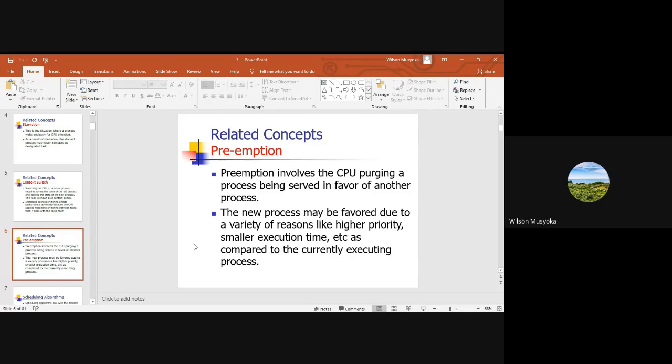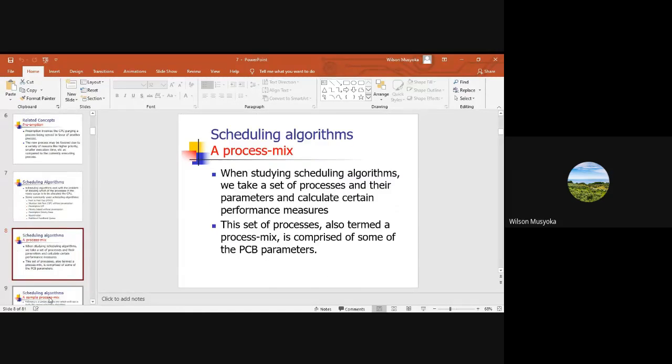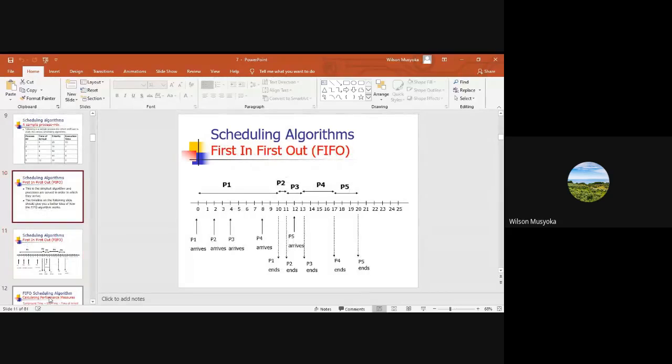If it has a higher priority or smaller execution time, then the current process may be swapped out of the processor so that this other one is put into the processor for those reasons. So that is something I want you to look at. And all of these scheduling algorithms, please look at them properly and be able to understand them. So those ones, I will leave you to them.